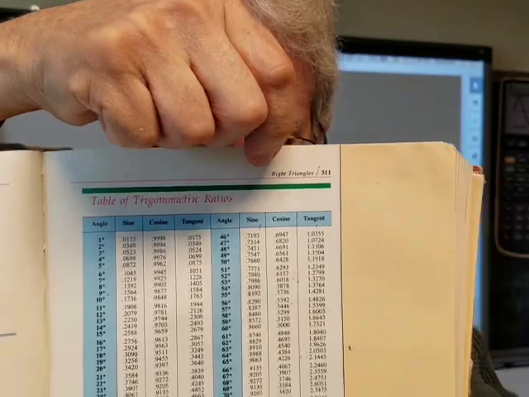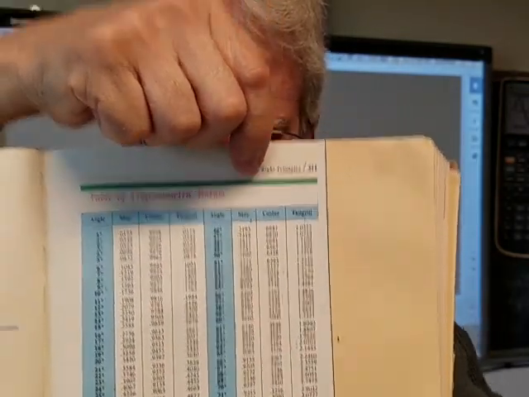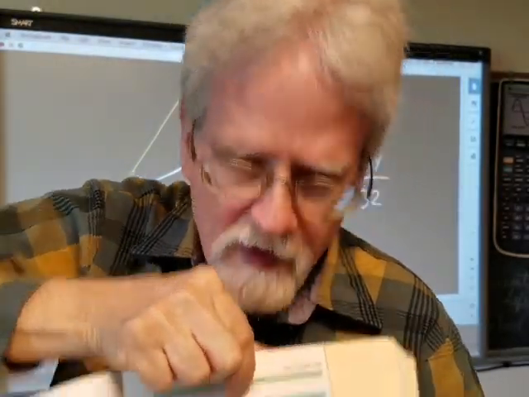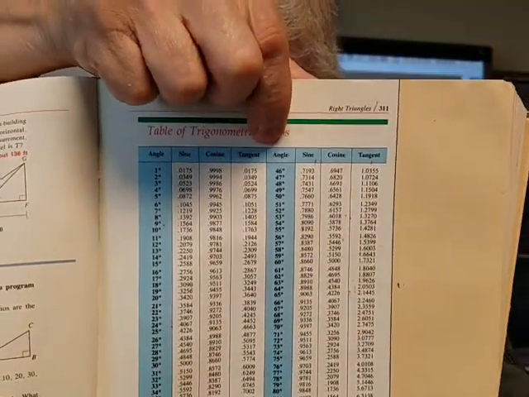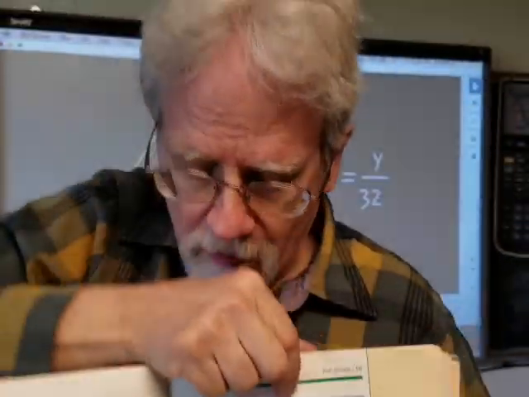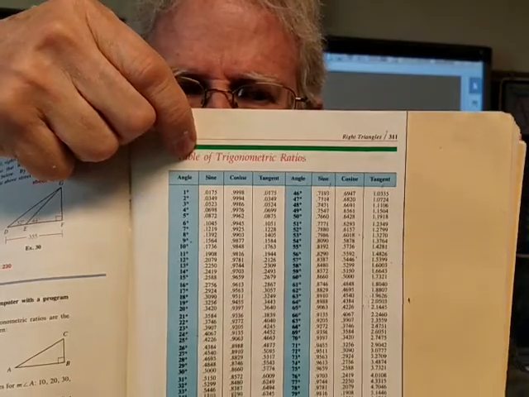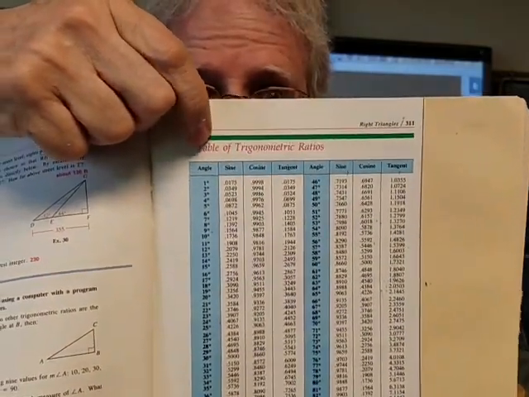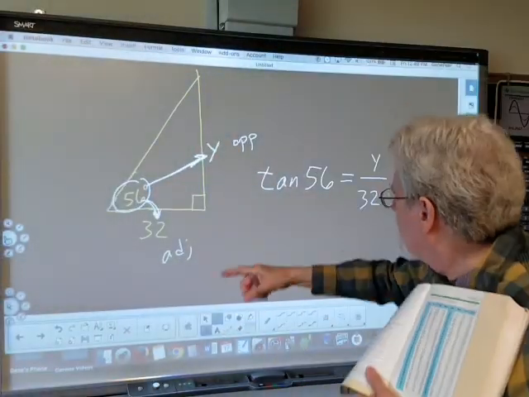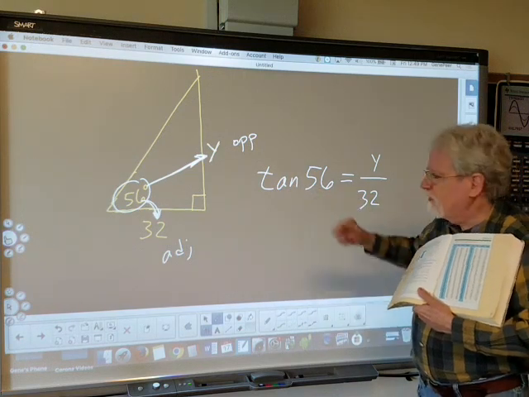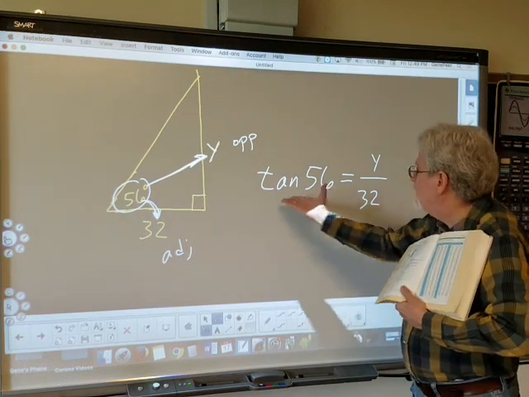We're focusing today on the column called tangent, right there. In the blue column over here, we have angle measures. Aha! So I want to find the tangent of 56. That gives me the ratio.